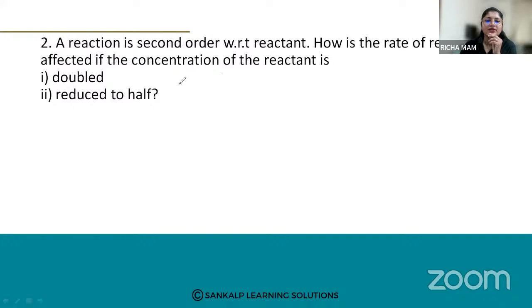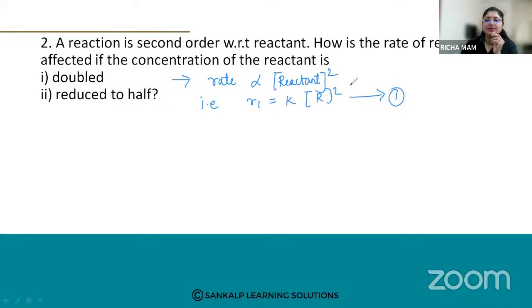Rate is directly proportional to reactant, and it is a second order reaction, so the exponent will be equal to 2. That is how we write the rate law expression: R1 equals K into R squared, because the reaction is second order.